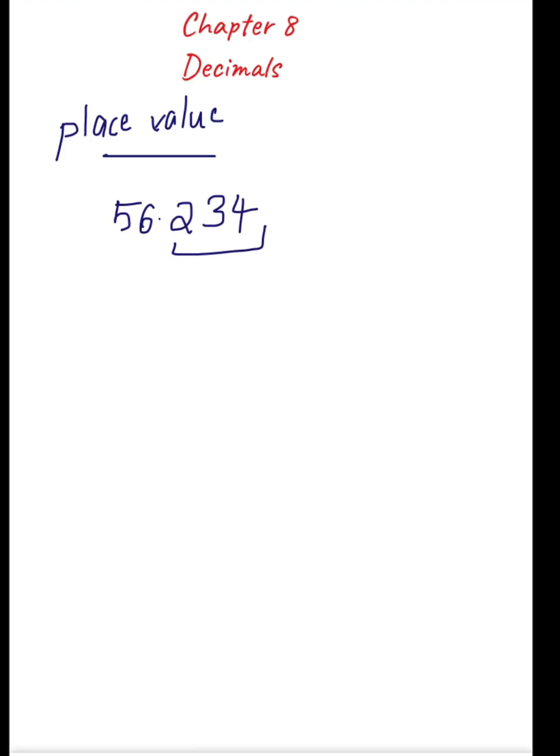Now let's see the place value. Before the decimal point, you have got the number 56. The place value of 56 you can write as usual. 56 means this will be the ones place and this will be the tens place. Now after the decimal, how will you name the first number?